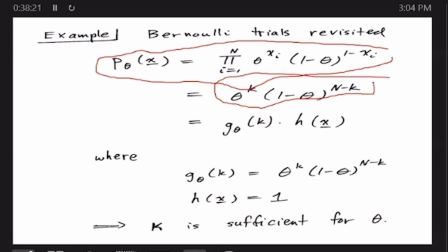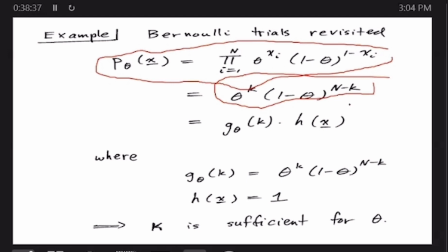Now let's factorize that, in such a way that one function is a function of the parameter theta and the other is h of s. Let me tell you, h of s can be a constant function.